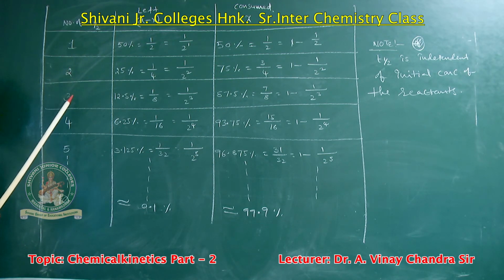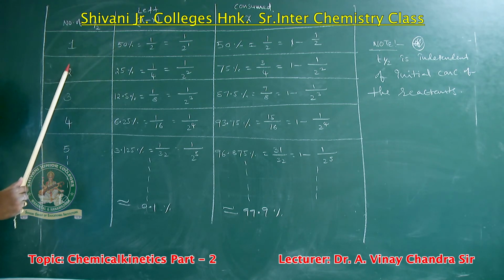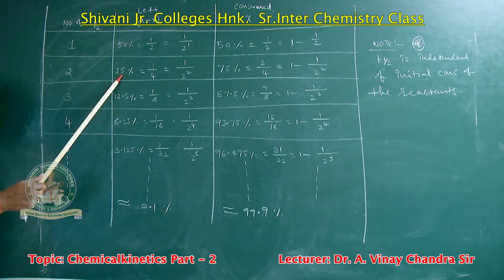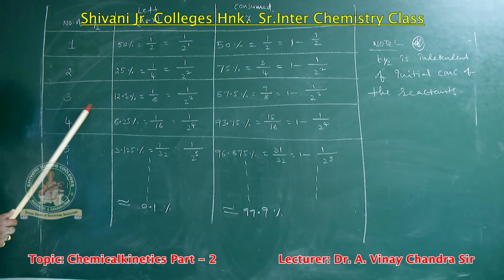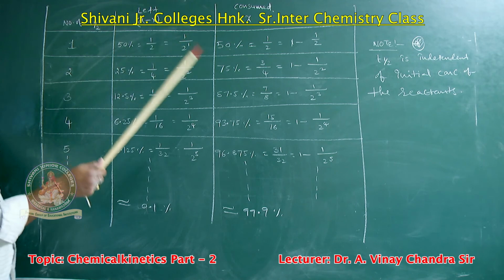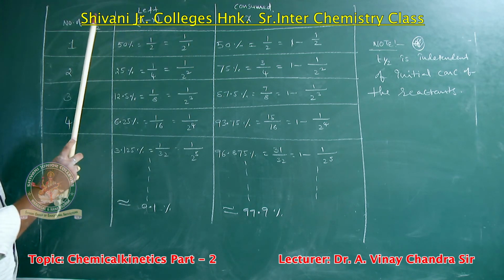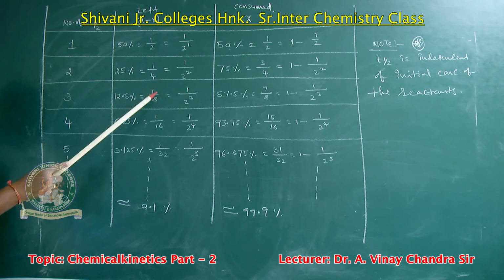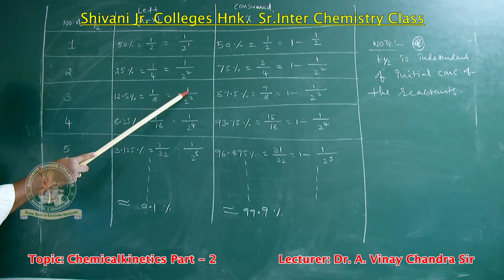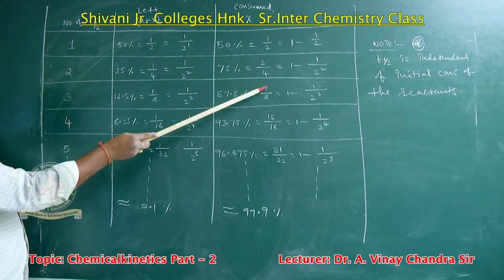If the number of t halves is 3, the first half leaves 50%, the second half leaves 25%, and the third half leaves 12.5%. The consumed material is 87.5%. So 12.5% is 1 by 8, or 1 by 2 to the power of 3, and 87.5% is 7 by 8.